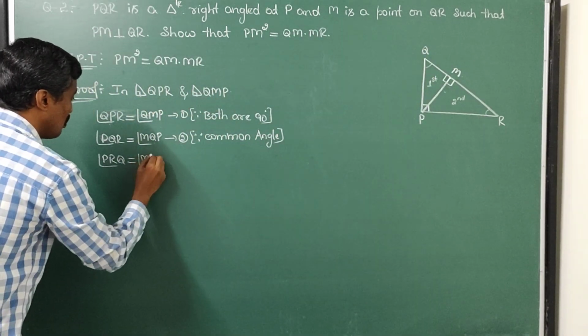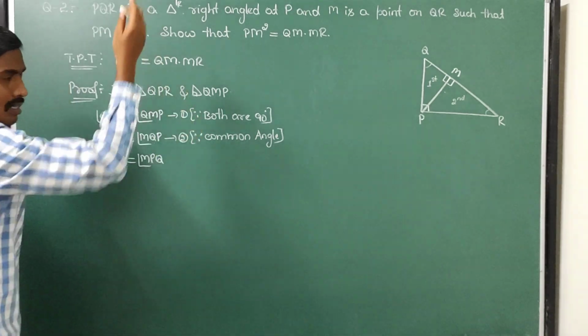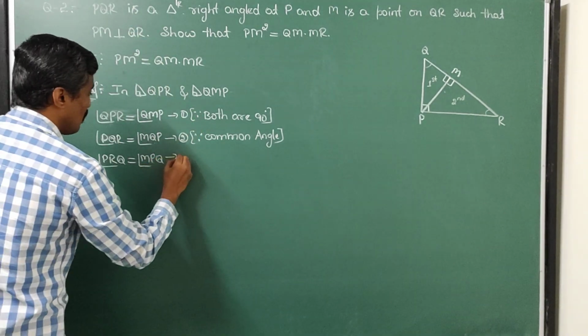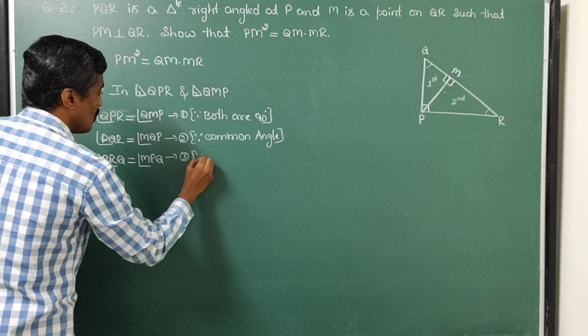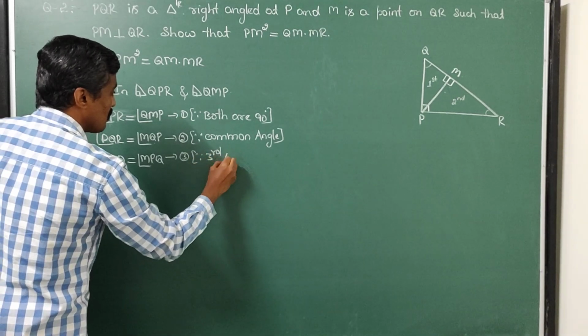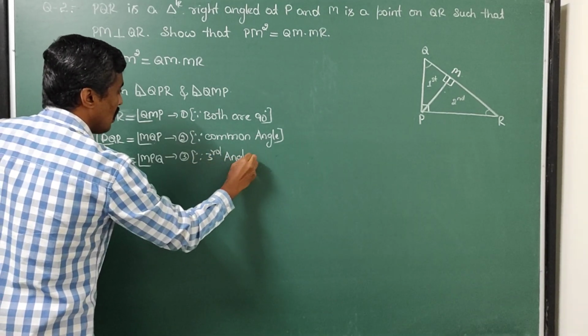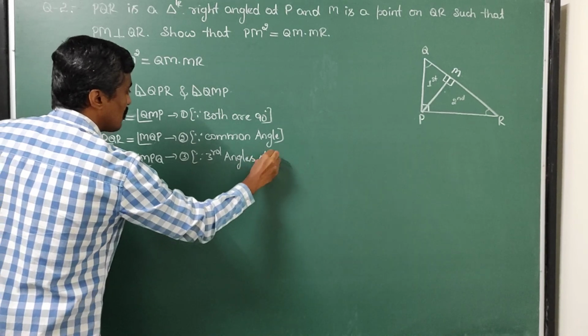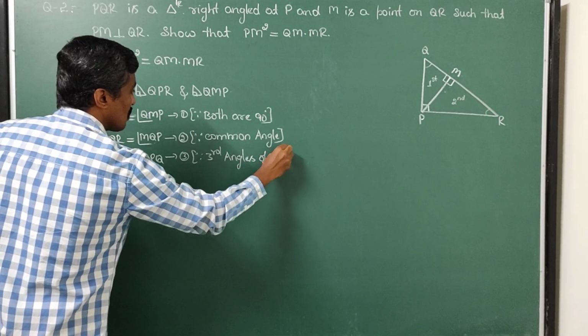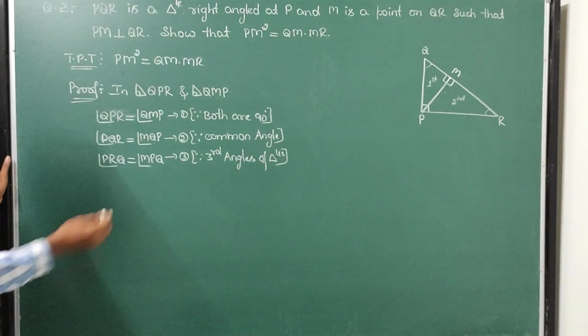Why are they equal? Because they are the third angles of the triangles.